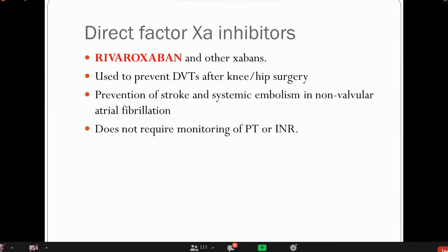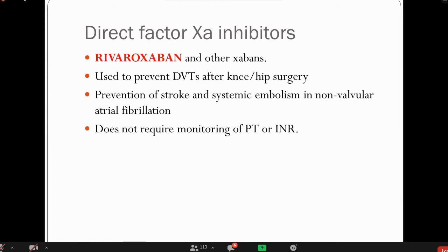Then thrombin is going to activate fibrinogen into fibrin. Then the fibrin clot is formed. So we have the direct thrombin inhibitors, we have the thrombin as well as factor 10 inhibitor, which is heparin, and we have discussed the lepirudin derivatives like bivalirudin and argatroban. Now we have direct factor 10 inhibitors.